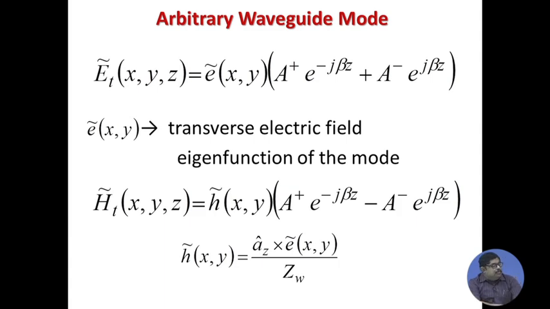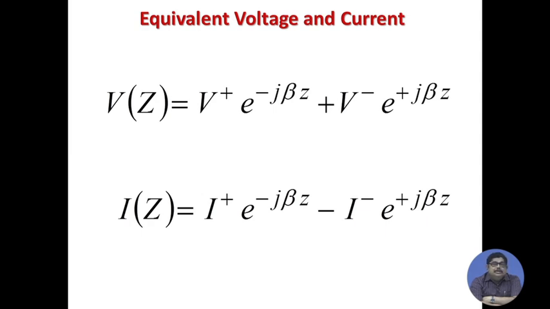Now, to make equivalent voltage current, what we do, we write V(z) as a positive going voltage wave V plus e to the power minus j beta z, and obviously also a reflected voltage wave V minus e to the power j beta z. Similarly, the current wave also we break into two parts, one is incident wave, another is reflected wave. Remember that incident and reflected wave, there is a negative sign between them because of power propagation direction.